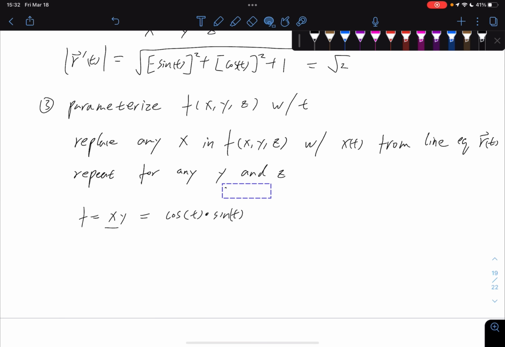So now this should be crystal clear. Then we are going to assemble the line integral.